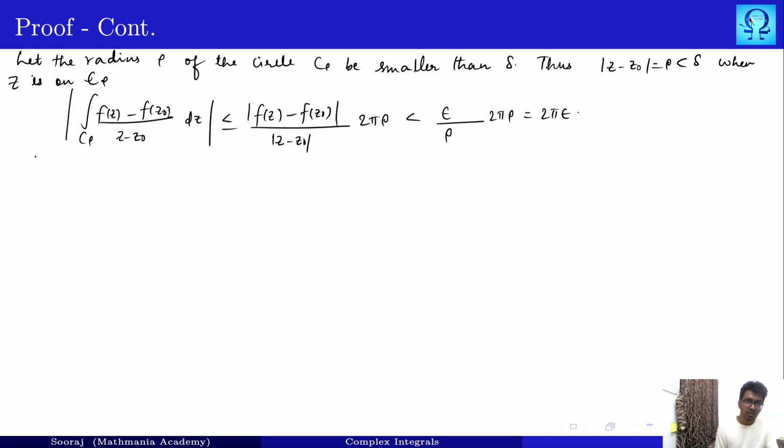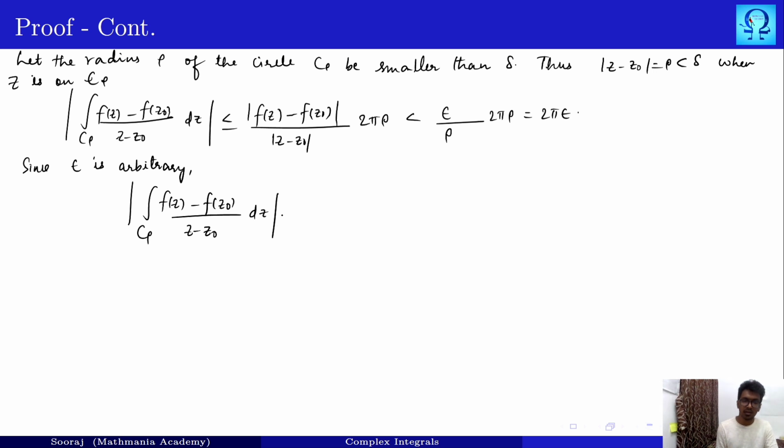Okay, since epsilon is arbitrary, we get the absolute of the integral over the contour of f of z minus f of z naught upon z minus z naught dz is equal to 0. When this is equal to 0, the inner quantity must be equal to 0.